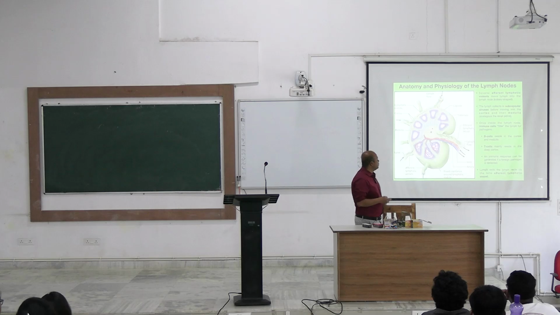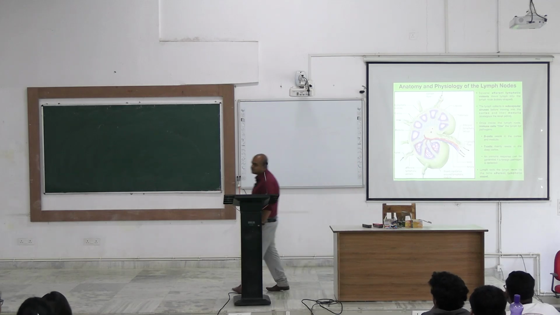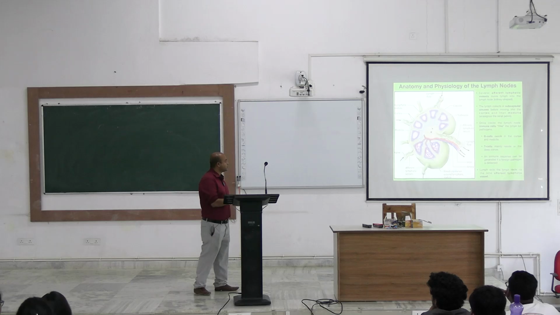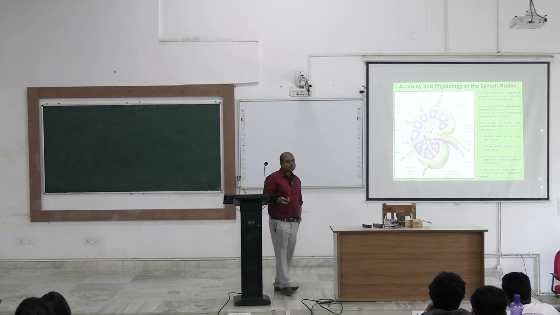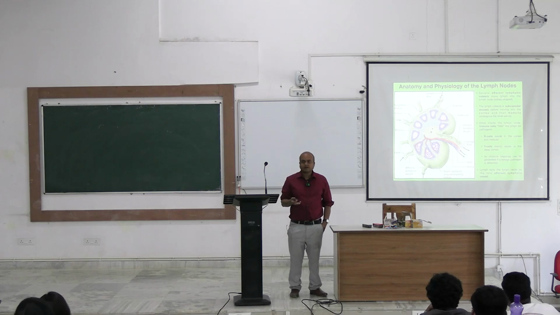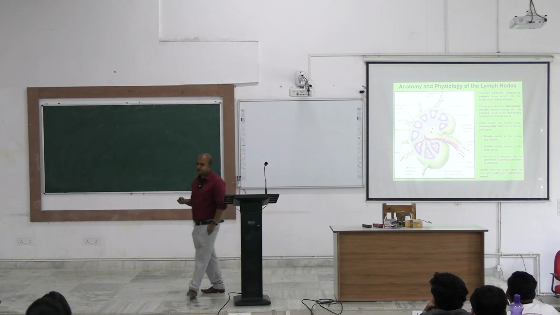I think you may have already discussed the anatomy of the lymph nodes in basic anatomy. We talk of the cortex and the medulla in different organs, like mainly during discussion of the adrenal gland and adrenal hormones.